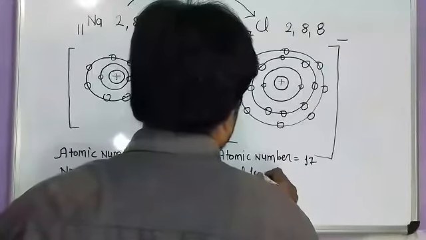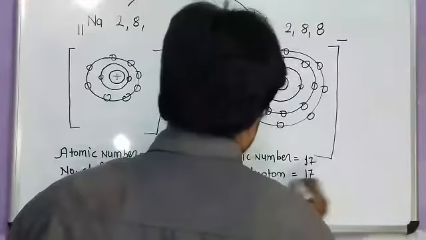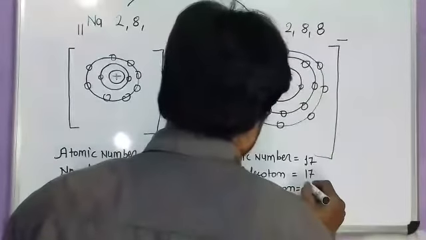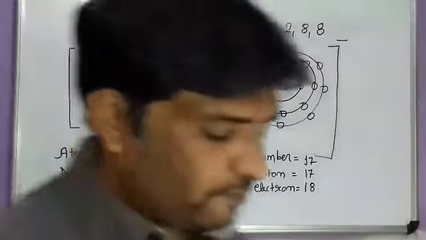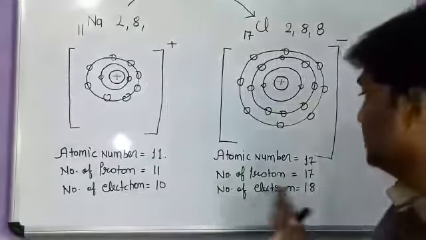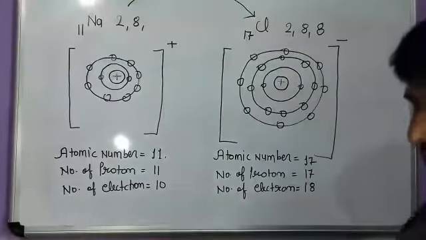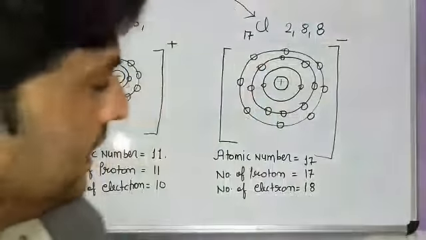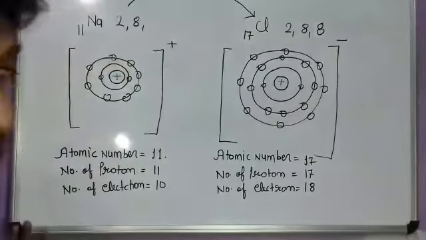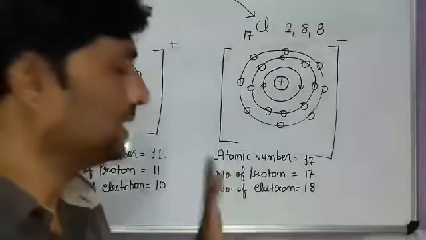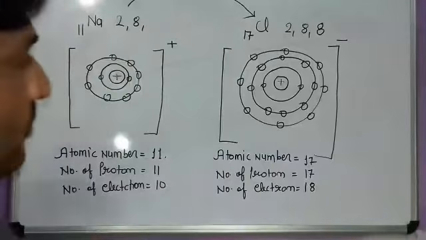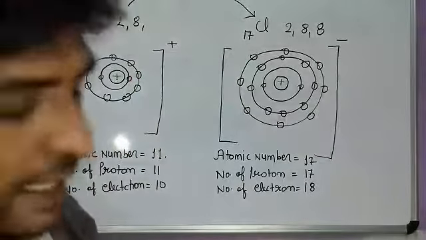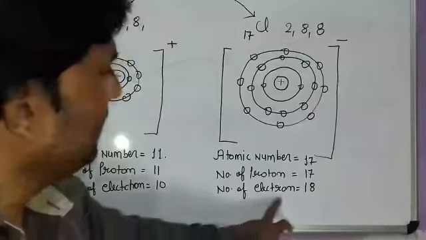For chlorine, the number of protons equals 17 and the number of electrons equals 18. A negative charge is added here, so the number of electrons is 18. Before donating, the number of electrons in sodium is 11, and before gaining, the number of electrons in chlorine is 17.